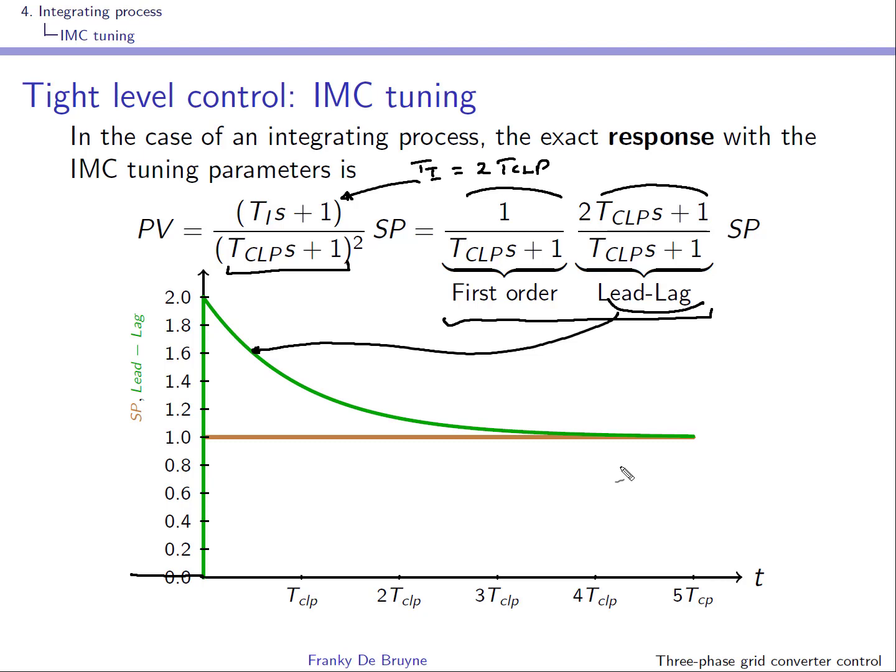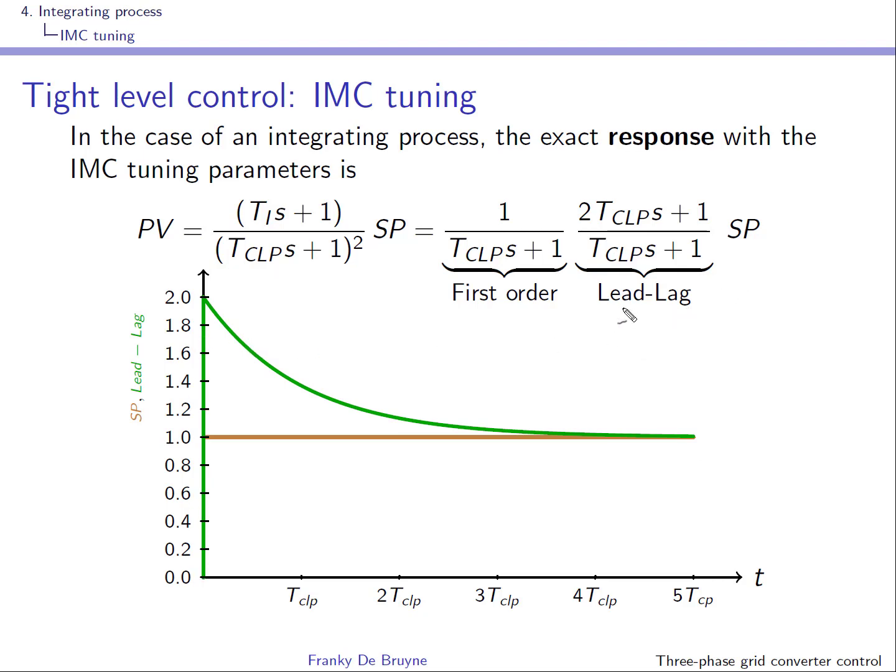So when s goes to infinity, you see indeed that you'll have a response of 2 when t equals 0, and when t is approaching infinity, so at steady state, you have to look at what's happening when s is equal to 0, and there indeed you see that the gain is 1. So this is the response of the lead lag part, but of course there is another part here.